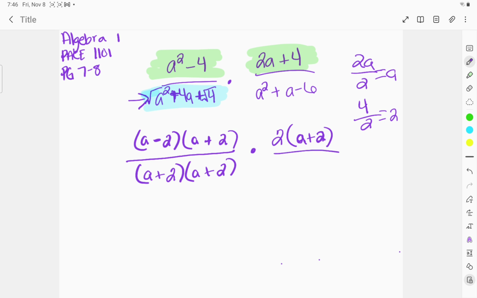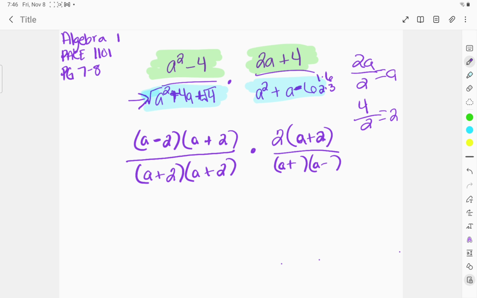All right. And then the last thing that we're going to factor is this denominator on the right side. We have a squared plus a minus 6. So factors of 6 are 1 times 6 and 2 times 3. My second sign is negative, which means that I'm going to be subtracting, and my signs here are different. So I'm going to go ahead and put those a's in because the only factors of a squared are, in fact, a and a.